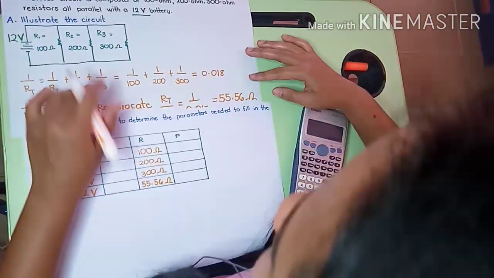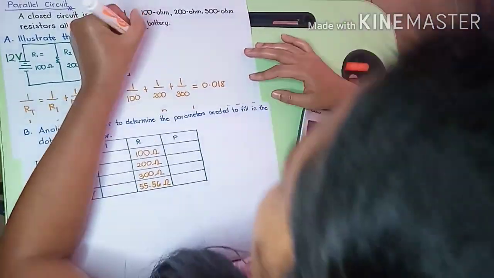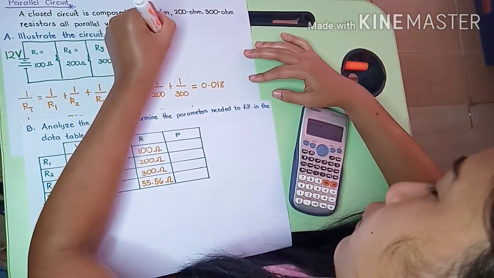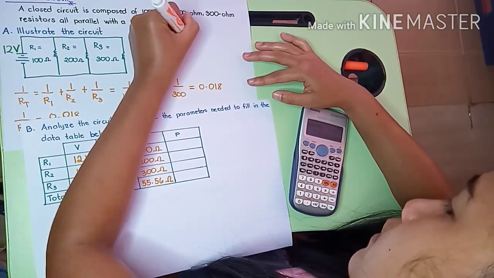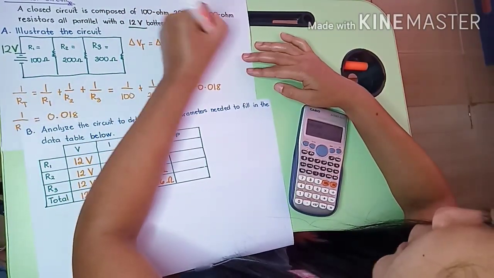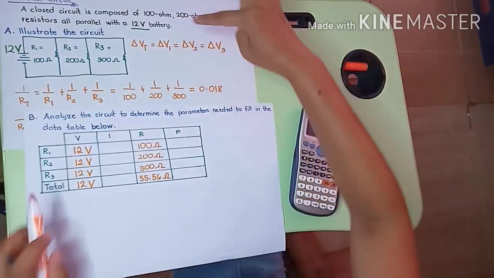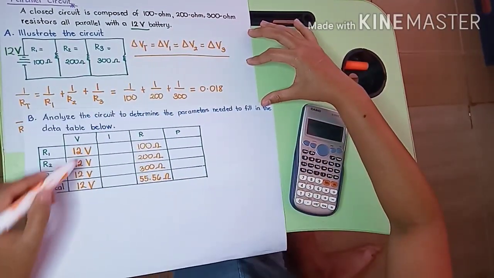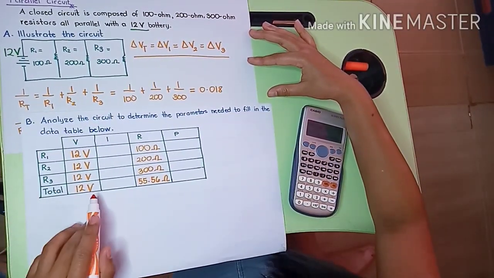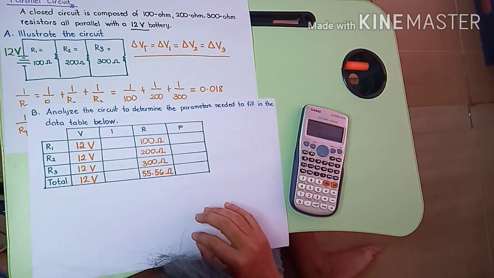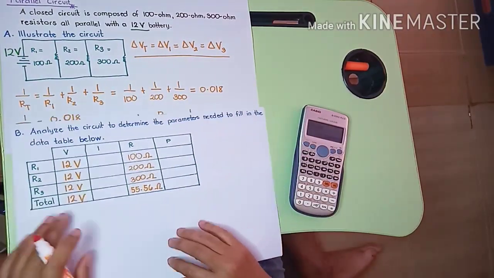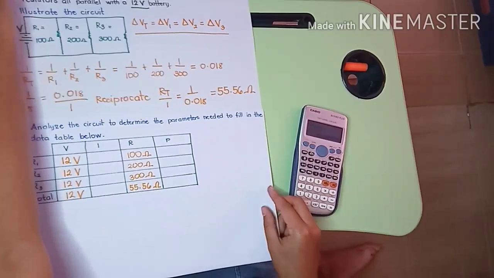Total voltage is equal to voltage 1, equal to voltage 2 and voltage 3. That is why we put the same volts on R1, R2, and R3 as the total voltage, which is 12.